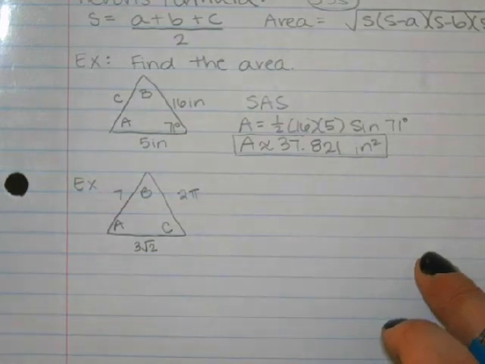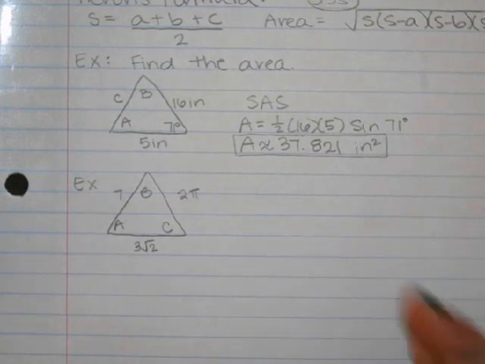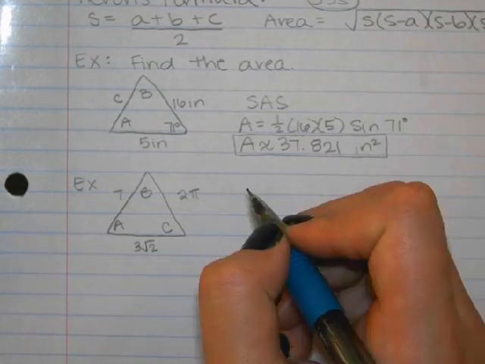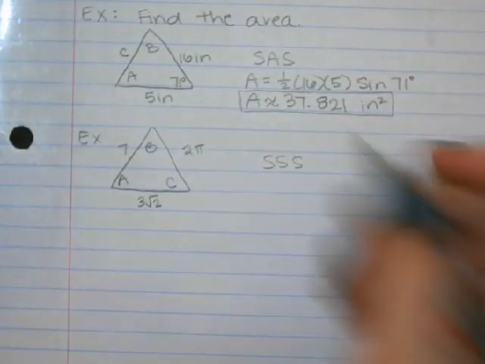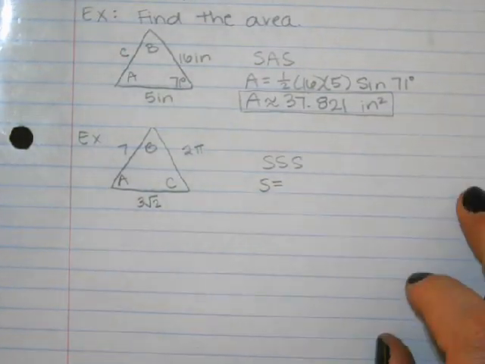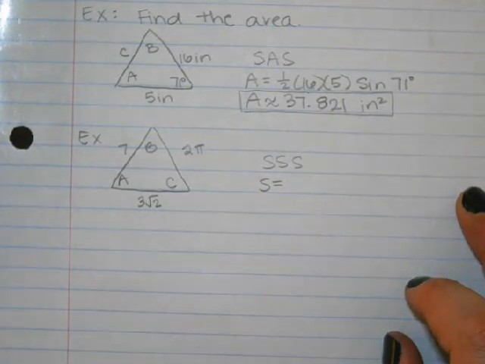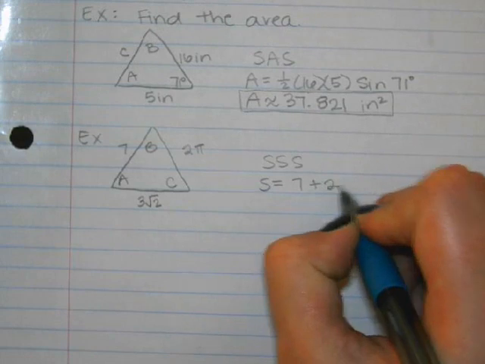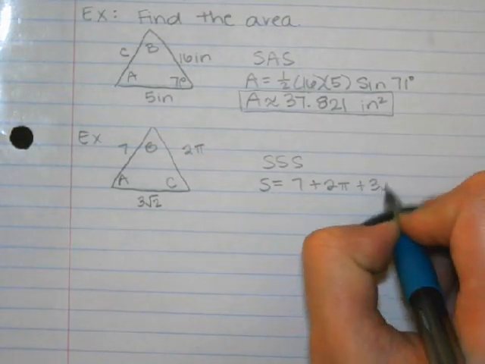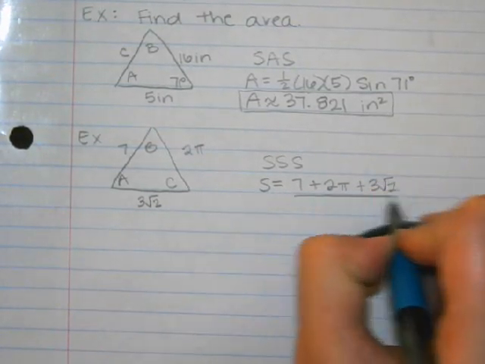Okay, so this triangle gave us what? Side, side, side. And so when we look for this one, we're going to use Heron's formula. The first thing we have to do is figure out what our S value is. And I find that by doing 7 plus 2 pi plus 3 square root 2 and dividing that whole thing by 2.